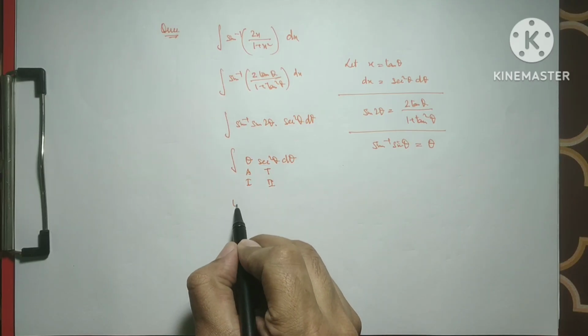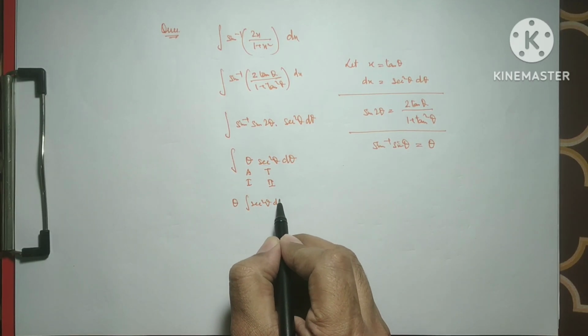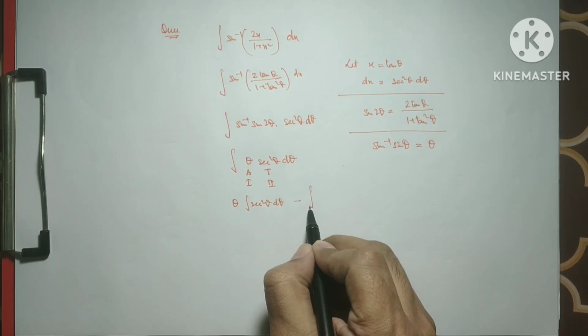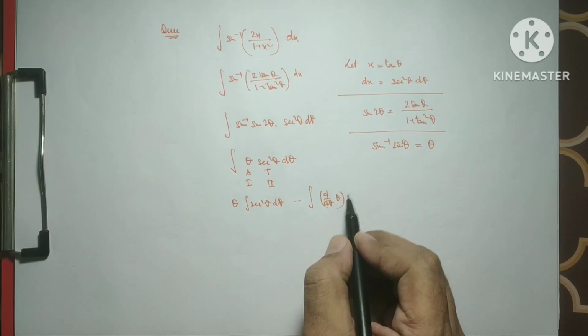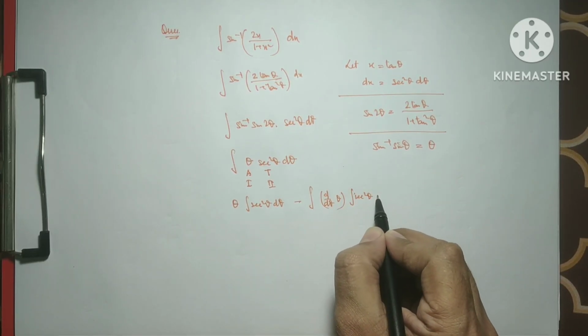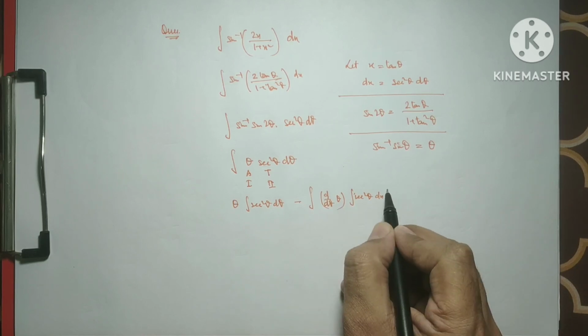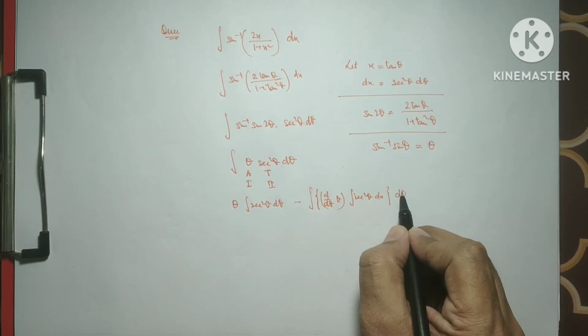So it is theta times the integration of sec square theta, minus the differentiation of theta and the integration of sec square theta, and whatever the product of these two is, finally we will integrate this.